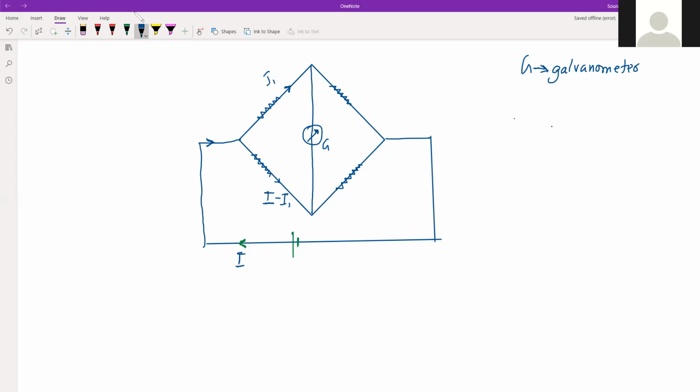Now, it depends whether this current is more or the current in the above section is more.